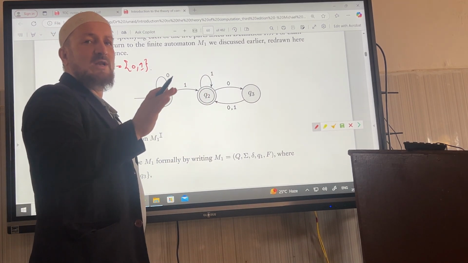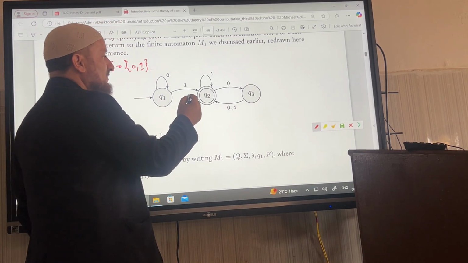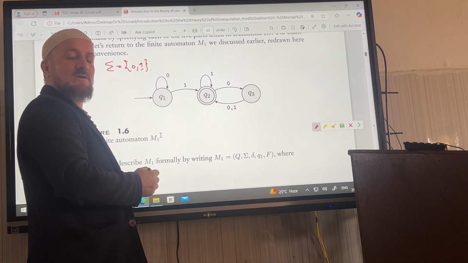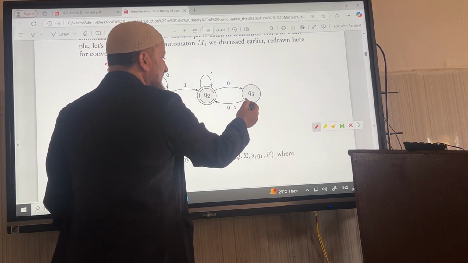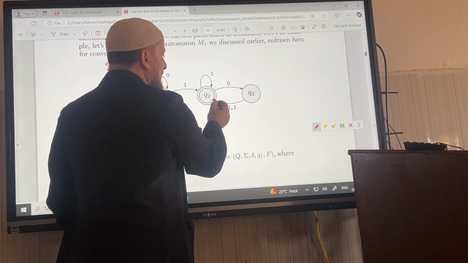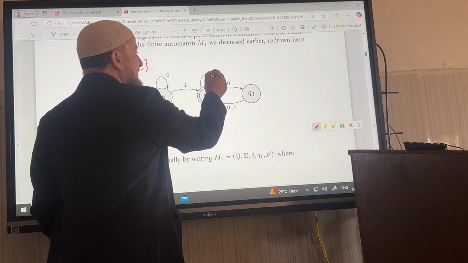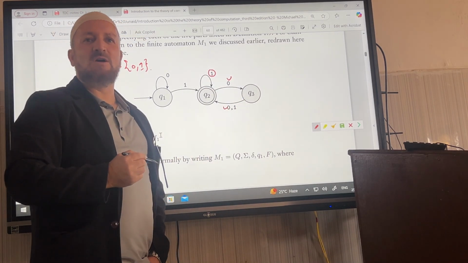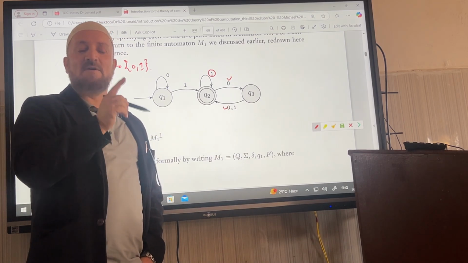But the moment you have a 0 after the 1, it goes to the non-accepting state. Now if again it has 0, it comes back and is accepted. That means after the 1 there should be an even number of zeros.